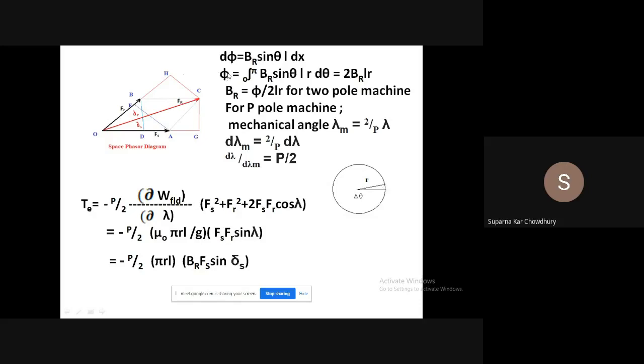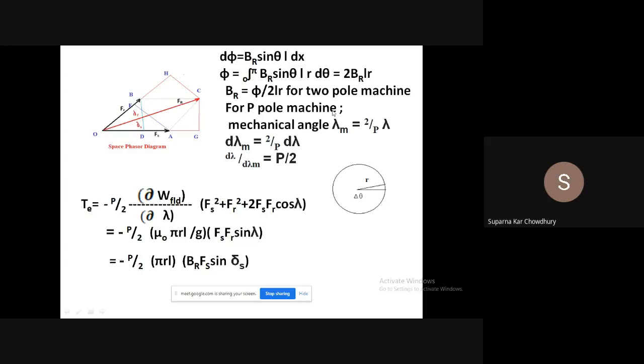So integrating we get the flux phi, 0 to pi Br sin theta L R d theta. This integration will give twice BR LR. So BR is phi by twice LR for a two-pole machine.